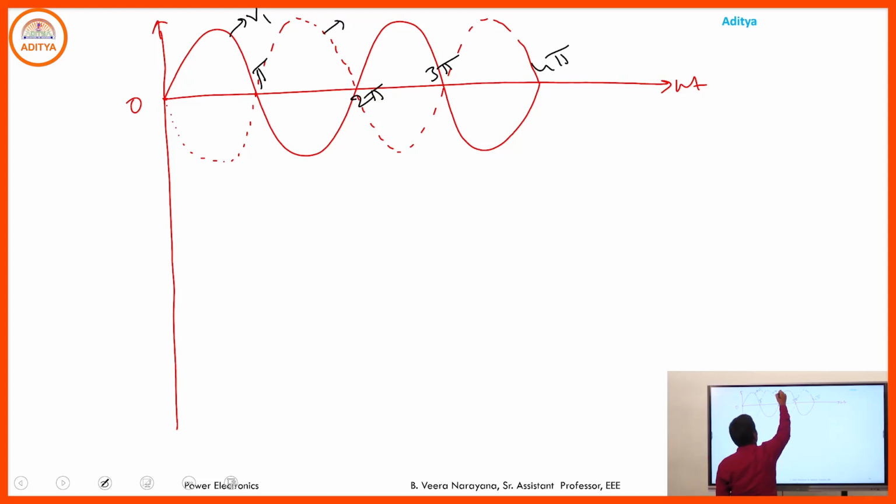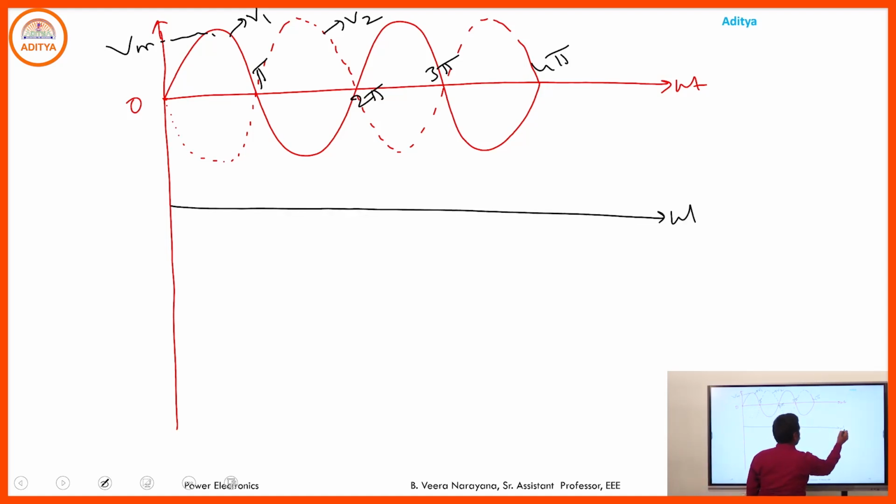Here it is V1 and it is V2. This is Vm. Considered as gate pulses.